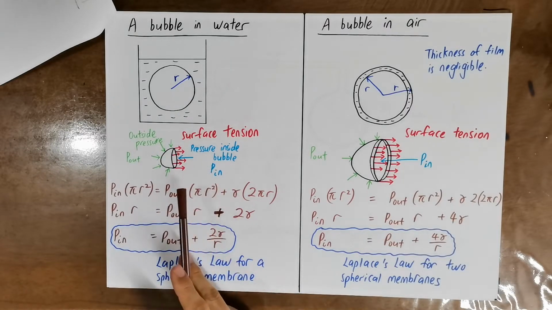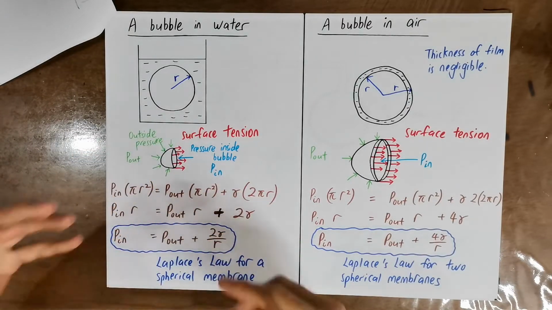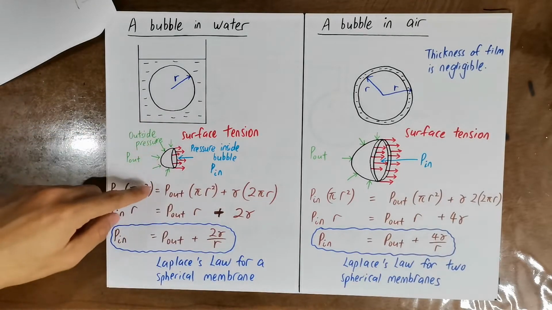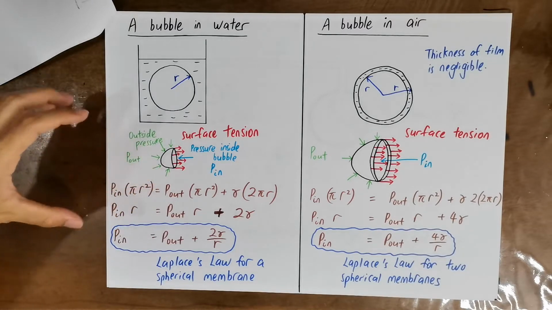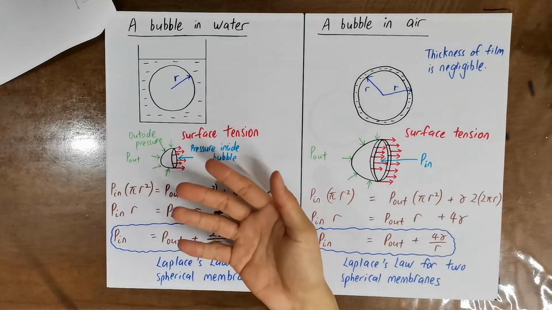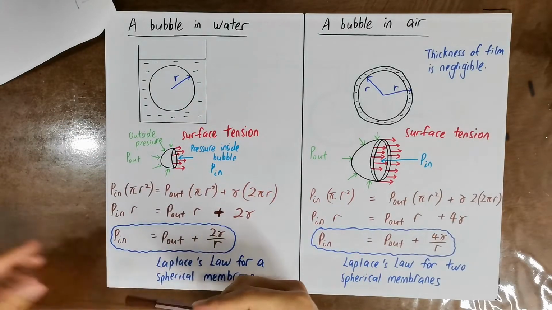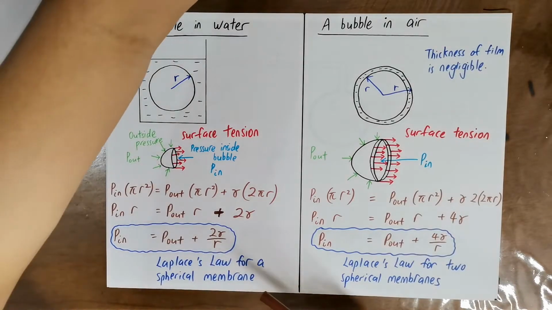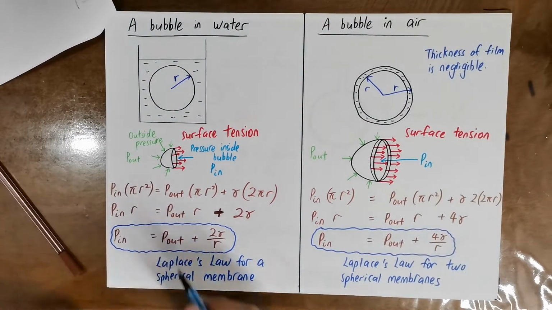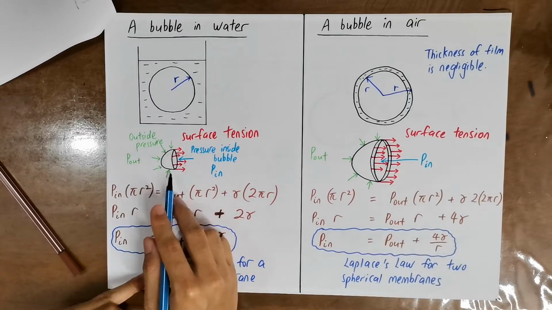When you cut open the bubble, the pressure outside acts in all directions, and the pressure inside also acts in all directions. That means I should have drawn the pressure inside the bubble in this way, in this way, and in this way also.